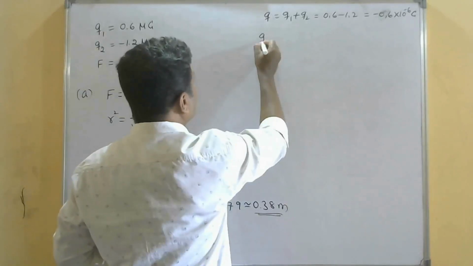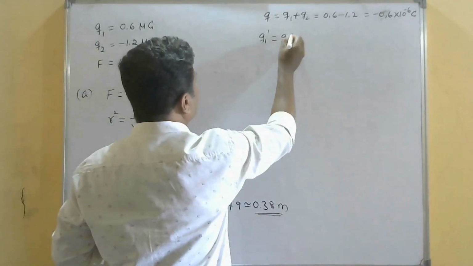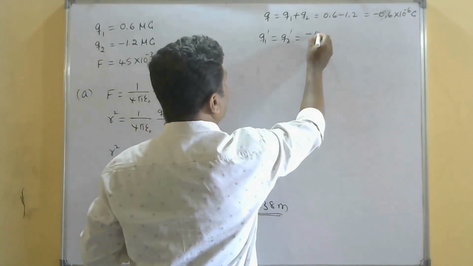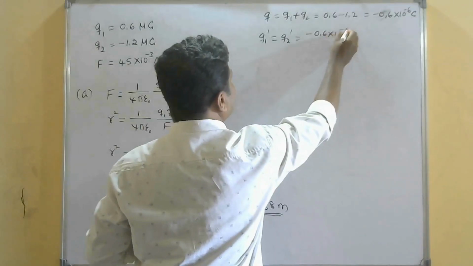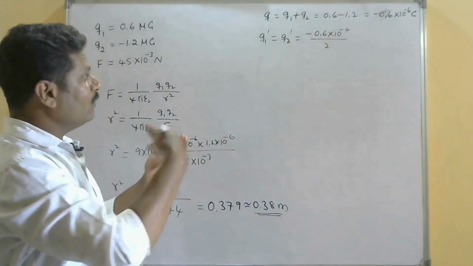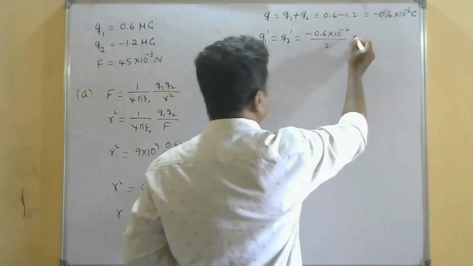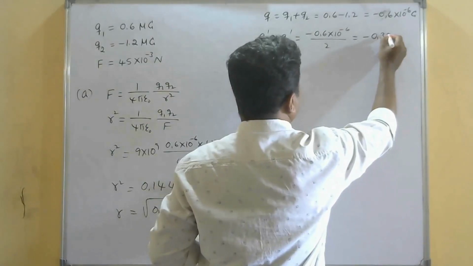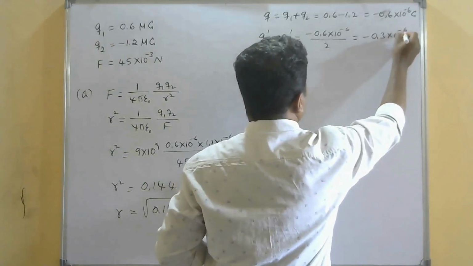So q1 dash equals q2 dash, which equals minus 0.6 into 10 raised to minus 6 divided by 2, because they are identical and the charge is equally shared between the two spheres. This becomes minus 0.3 microcoulomb, that is, 0.3 into 10 raised to minus 6 coulomb.